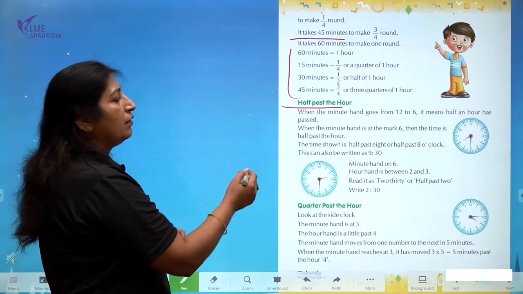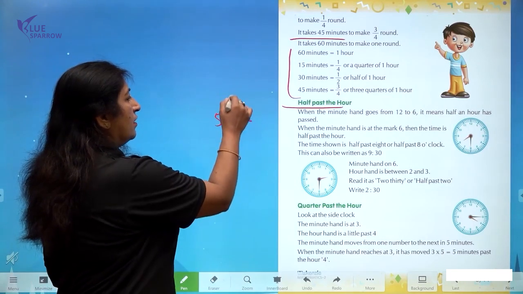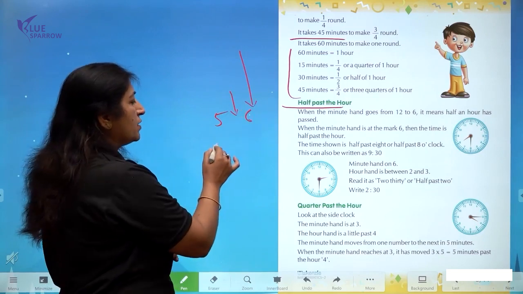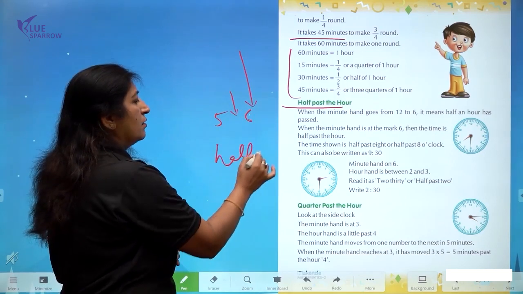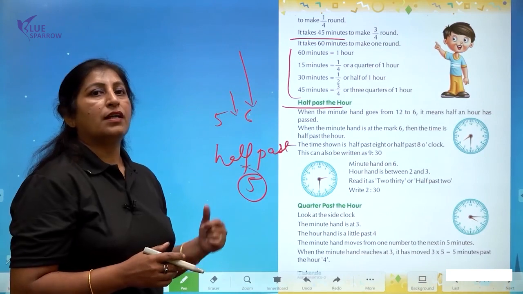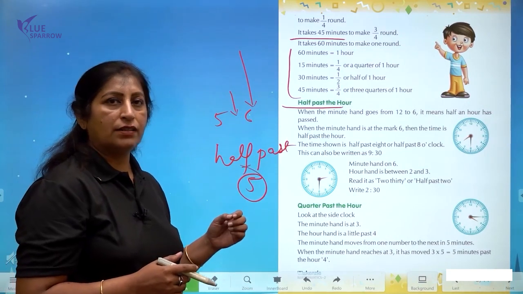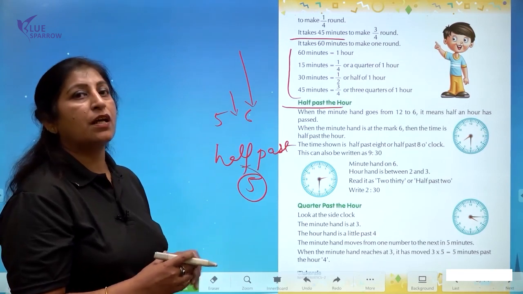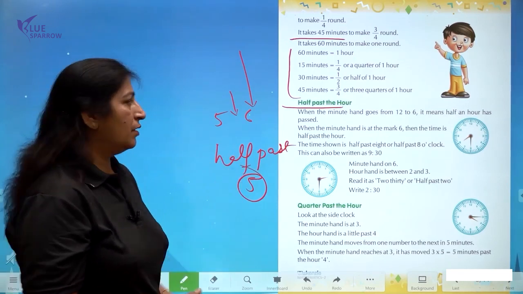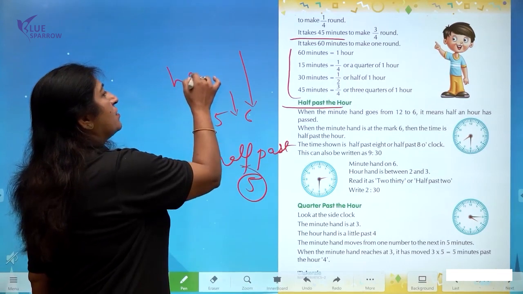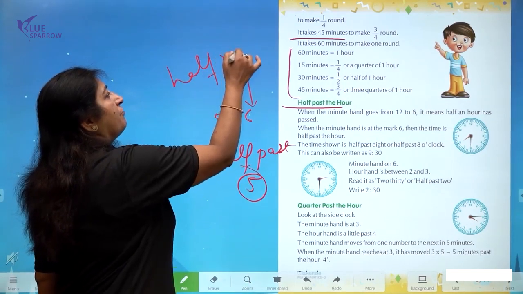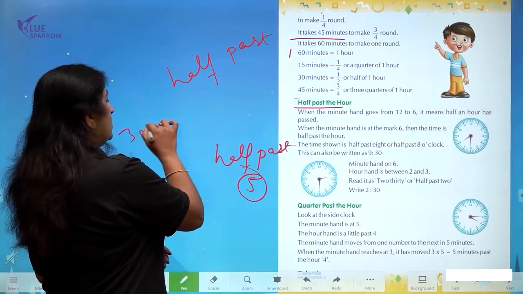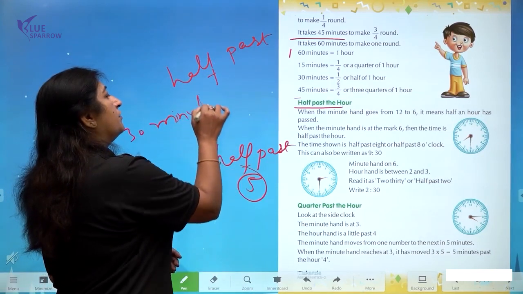It means half past 5, because it has completed 5 hours and 6 o'clock is not the time. This time is half past 5. Half past means 30 minutes after 5. Half past means 30 minutes after the given hour.